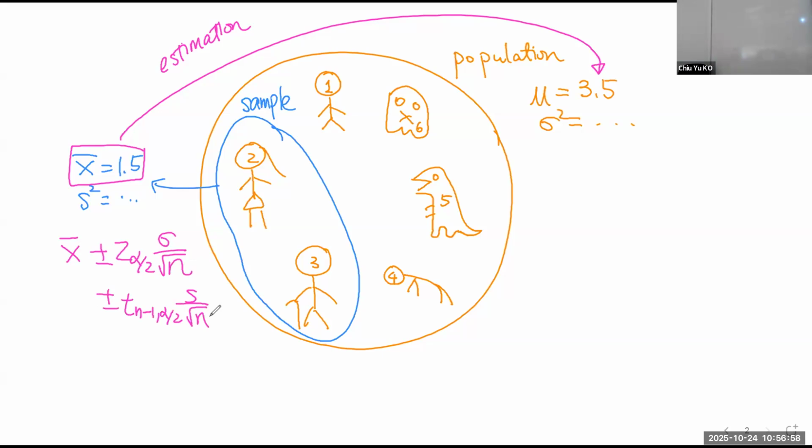So the question would be, we are extending our knowledge from sample to population, from small to big. The question now is, can we go back? Can we go from big to small? Of course we don't know the big, but what do we mean by big to small?